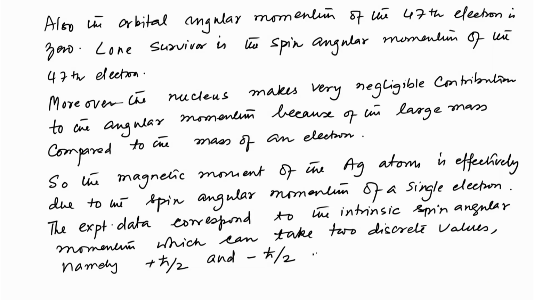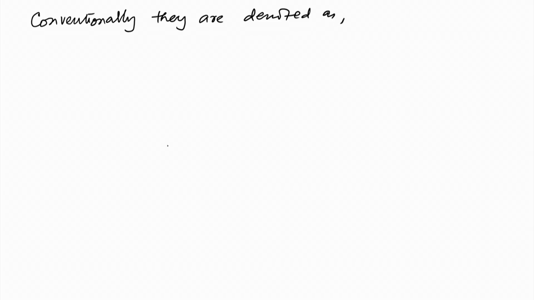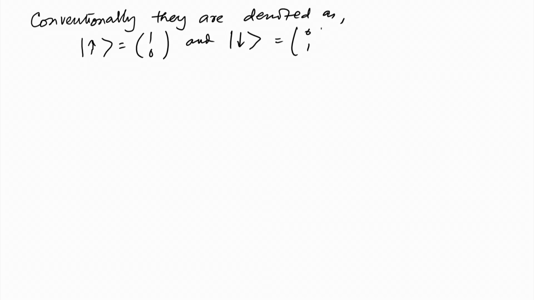And these are conventionally written as up, which is also written as a two component spinor, and down, which is 0 1.